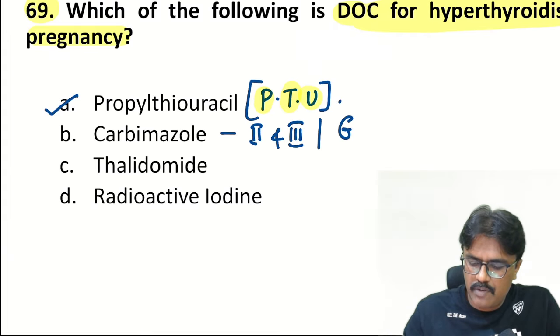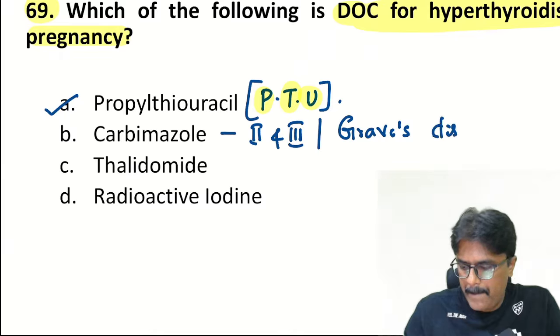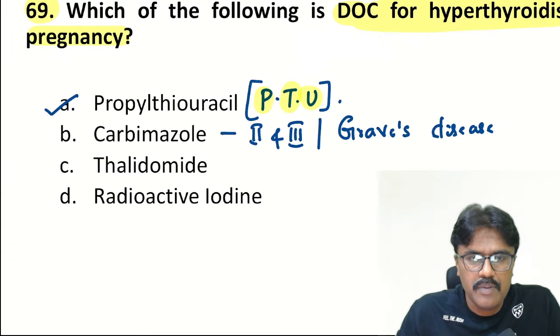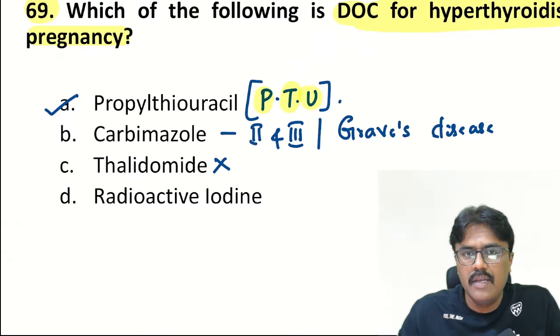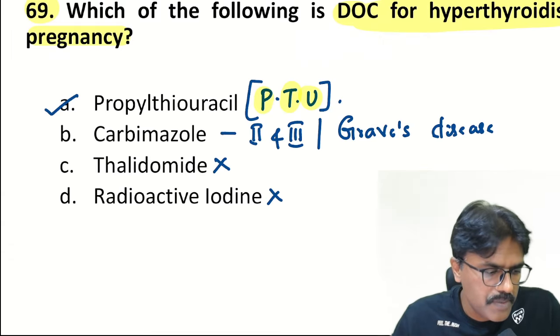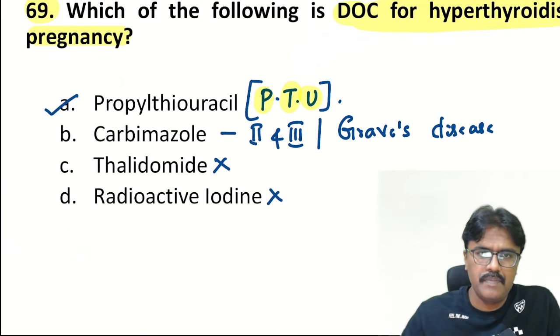Carbimazole is also drug of choice for Graves' disease. Thalidomide has anything to do here? Thalidomide is teratogenic, we don't give it. Radioactive iodine we don't give in pregnant women because it's a radioactive material. So the answer is option A, propylthiouracil. Okay.